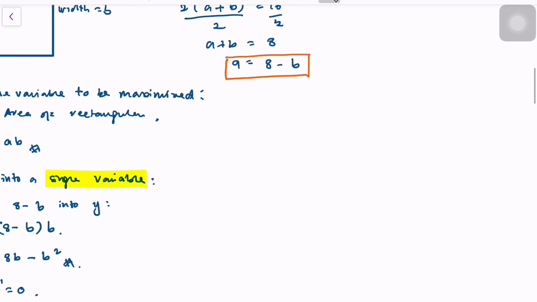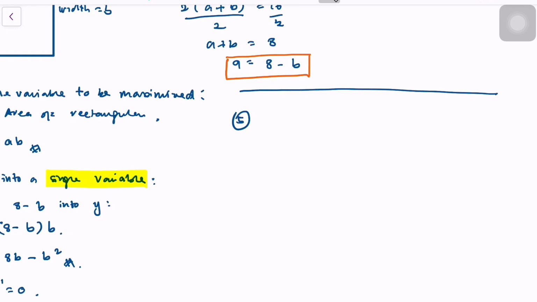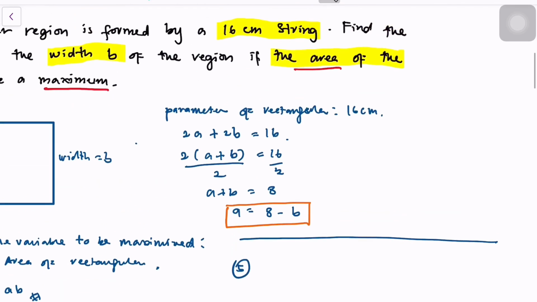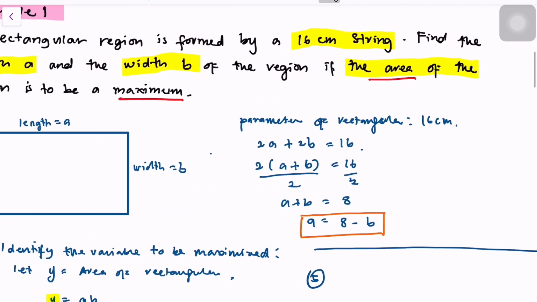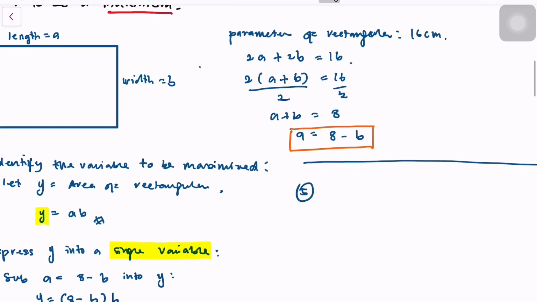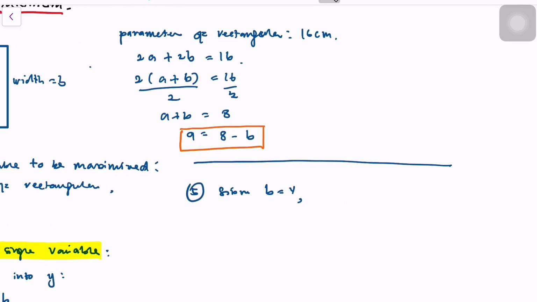And lastly, kita nak dapatkan nilai a. So since we have b is equals to 4, so we have a formula of a equals to 8 minus b. So kita substitutekan b dalam a, dalam formula ni. Then kita akan dapat a is equals to 8 minus 4. Therefore kita akan dapat a is equals to 4.